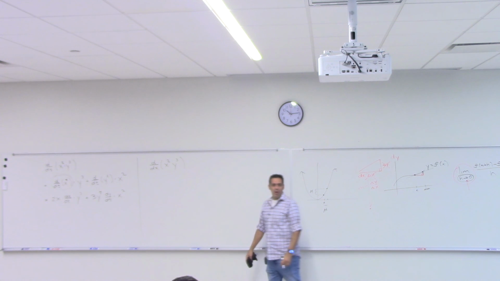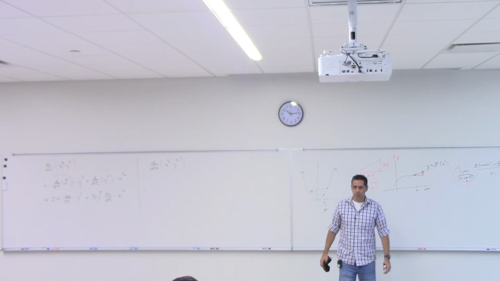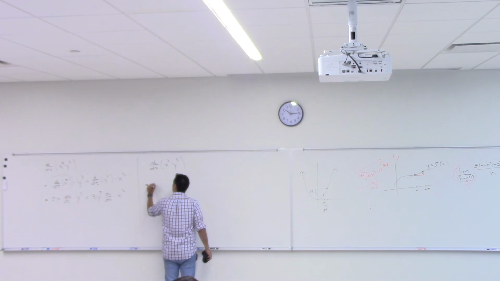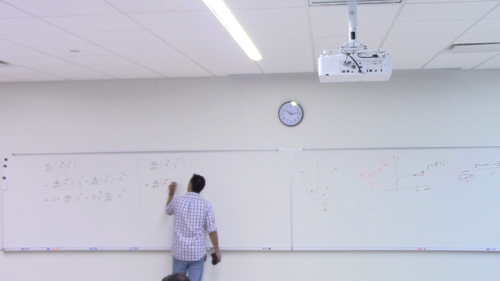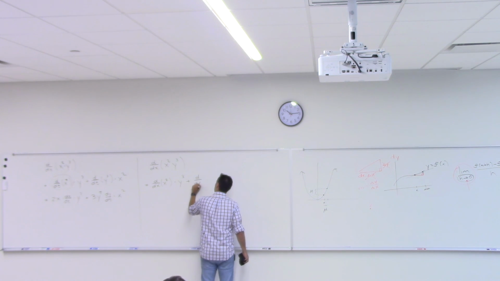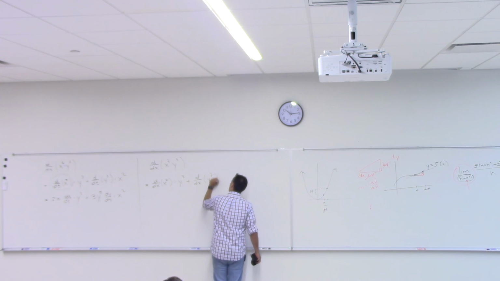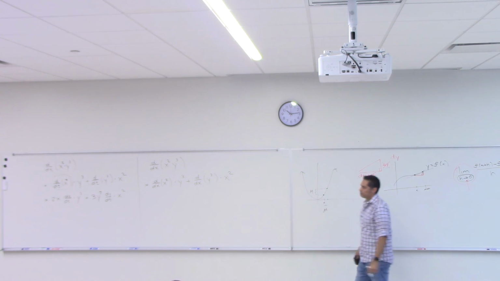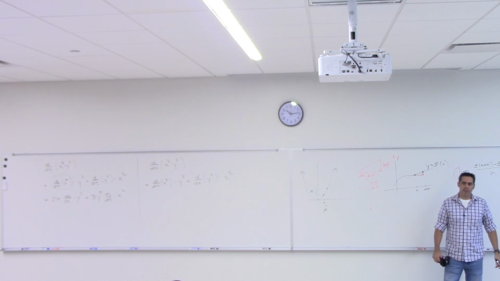I still have to do product rule, right? Do I have to do product rule? So this is the derivative of the first one times the second one plus the derivative with respect to x of the second one times the first one. Product rule.